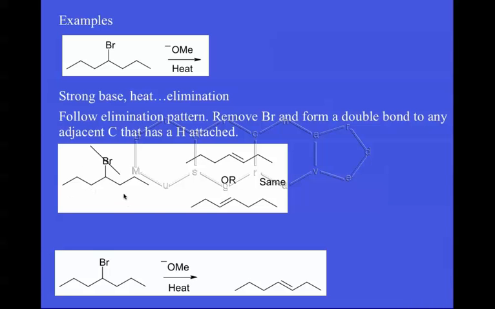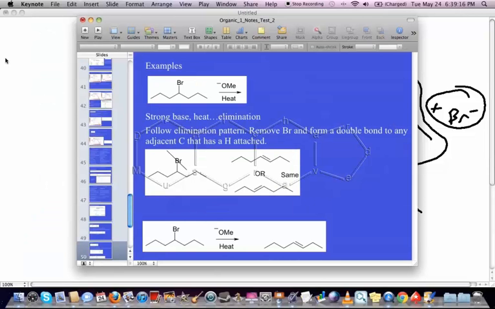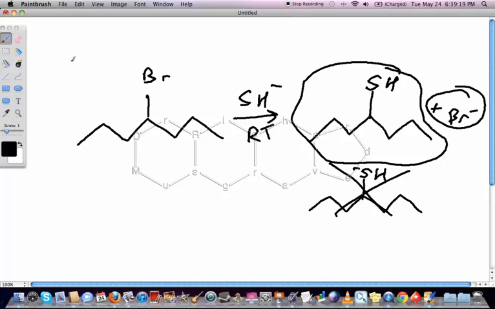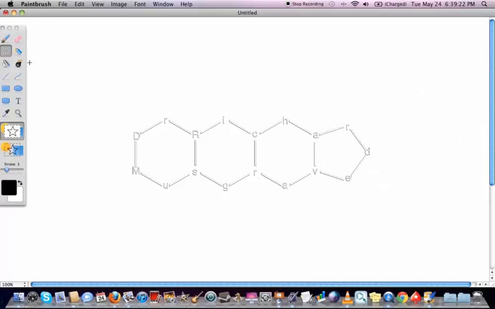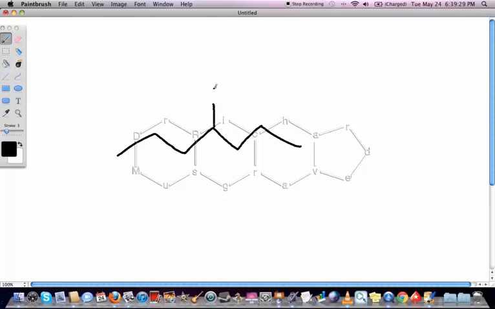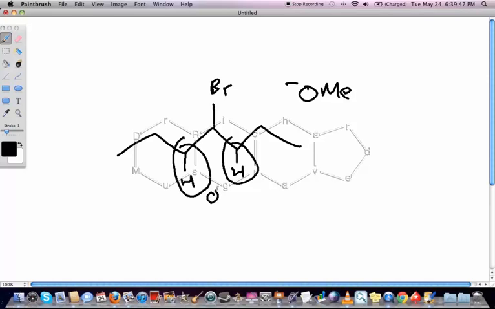Now what's going to happen, and I'll draw a picture of this, is we've got the Br, and instead of OMe minus coming in and replacing the Br as a substitution, what it's going to do is remove a proton either here or here.